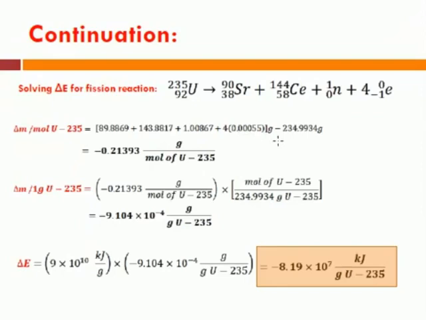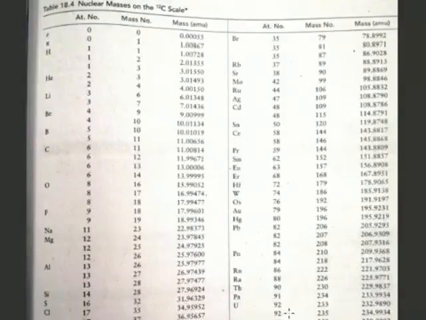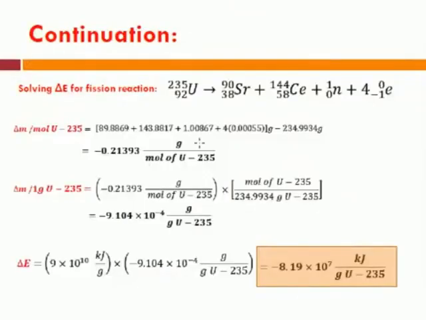Then, minus, for U235, we have 234.9934. So we will get negative 0.21393 grams per 1 mole of U235.